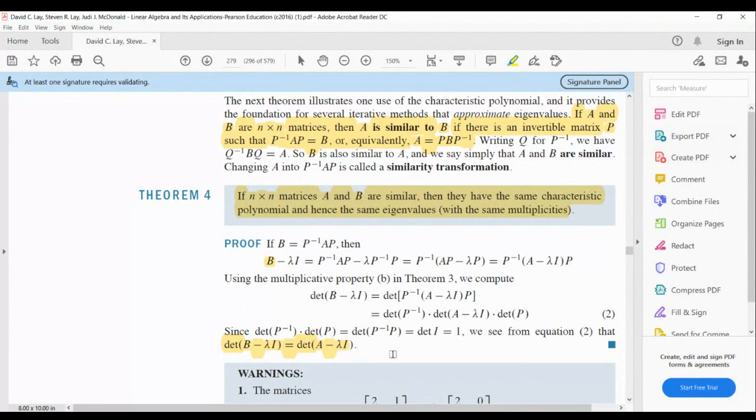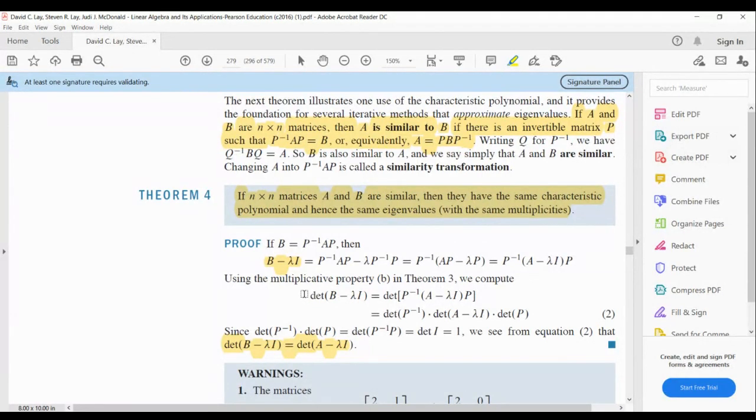So what they do is they start off with B minus lambda I, and then they substitute in for B. They're saying that B is similar to A, so B equals P inverse times A times P, and then they write the identity as P inverse times P. That's kind of clever.